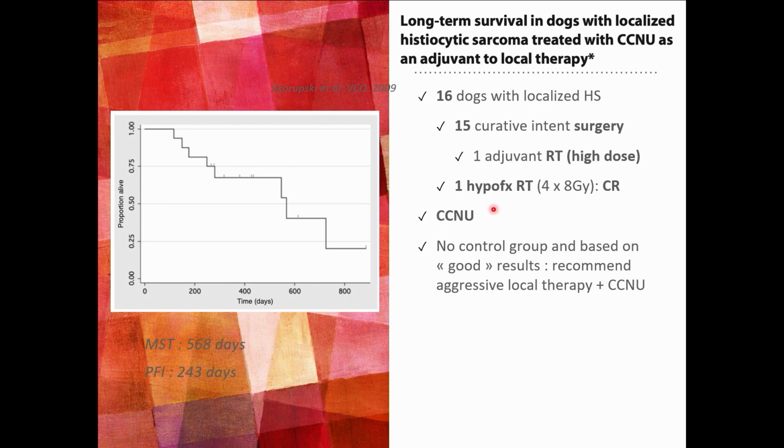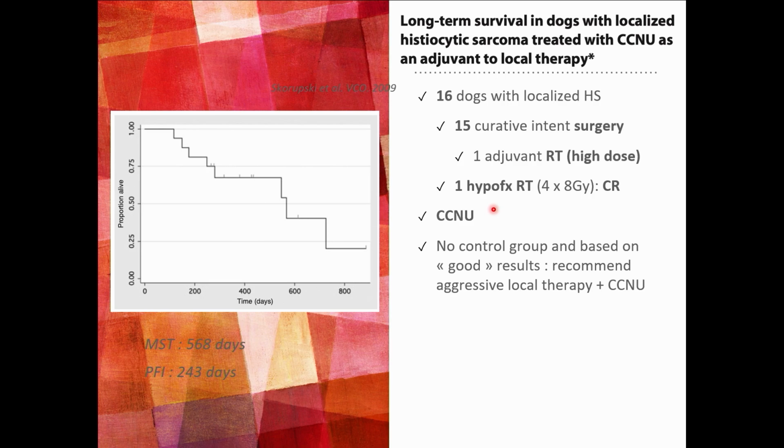In this study that was shown to you, again, out of 16 cases, 15 received curative intent surgery. One of these had incomplete margins and received additional adjuvant therapy with a high-dose protocol. So, at least at the time, the American way of treating cancer with radiation was to use the maximal dose for everything.